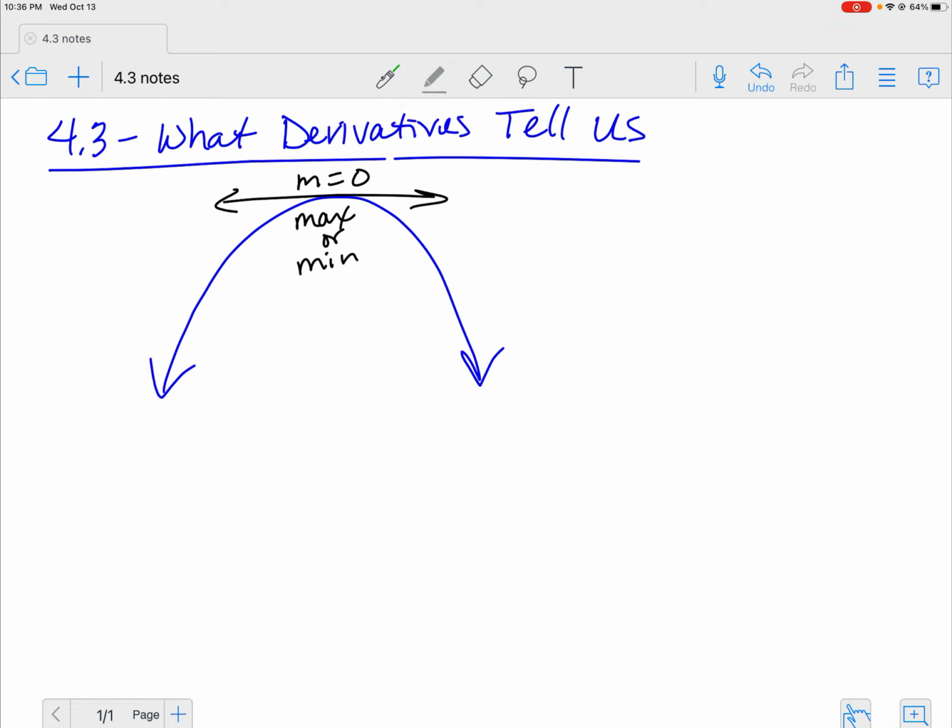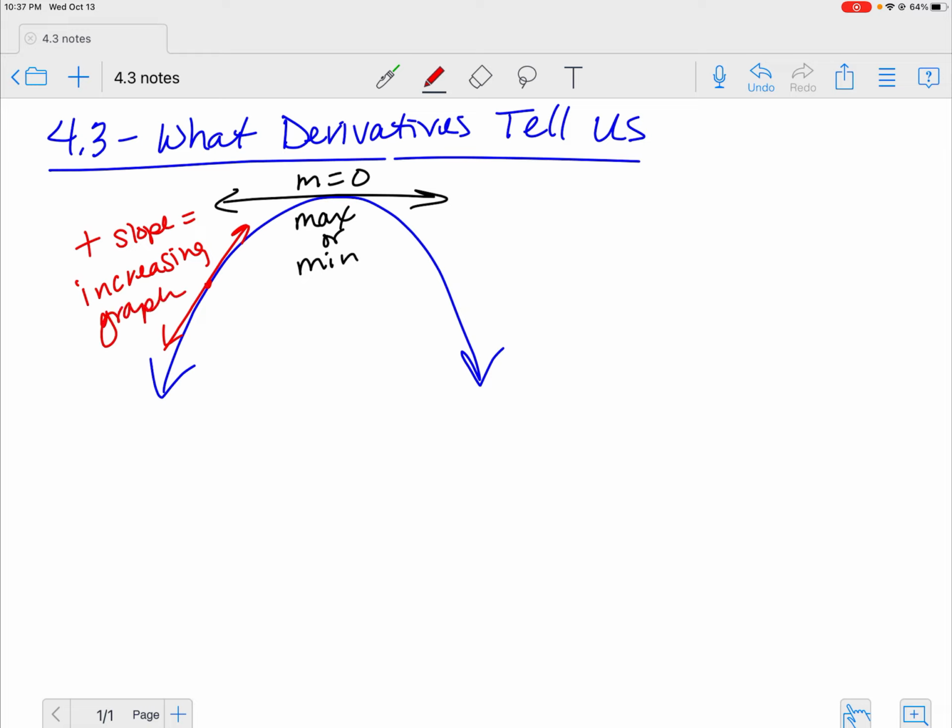Also, if your graph at this point has a positive slope, what is happening to your graph there? Yeah, that means that I have an increasing graph.